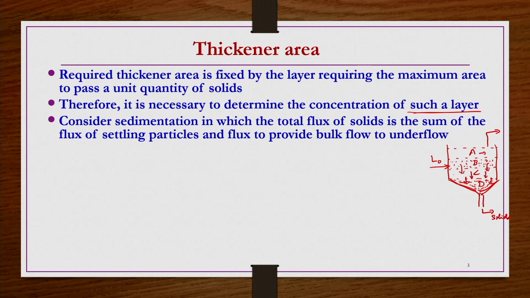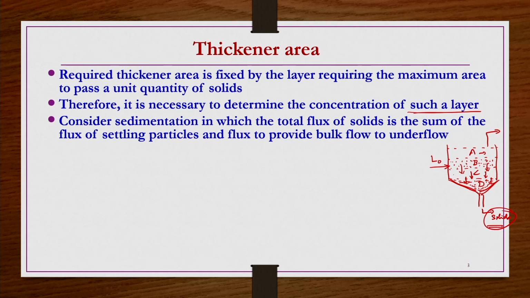Now, when the solids are settling, there is a kind of batch sedimentation of these solids because of their settling velocity. There is one flux for the solids because of the settling of the particles. Another flux is the solids being discharged, taken out continuously from the bottom through the underflow discharge. So, there is a solid flux here also.